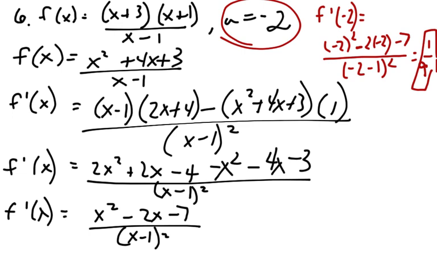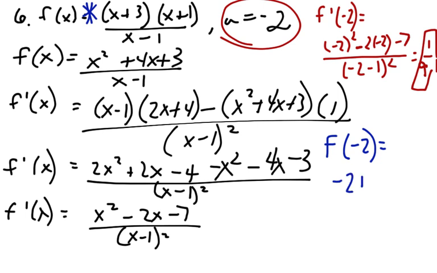Now, to write the equation of the tangent line, I'm also going to need a point. Now, the x-coordinate of that point is going to be -2, but I need a y-coordinate that corresponds to it, so I'm going to figure out what f of -2 is. This is going back to the original equation up here.